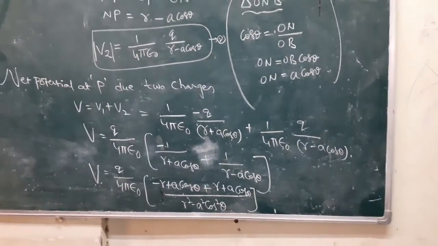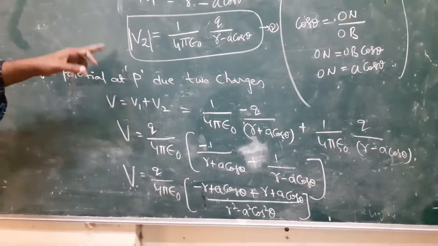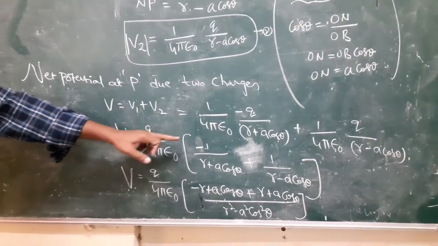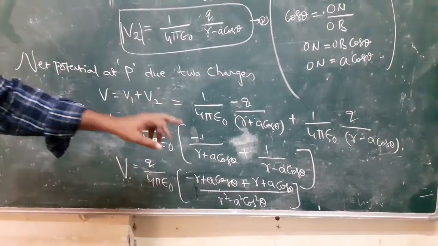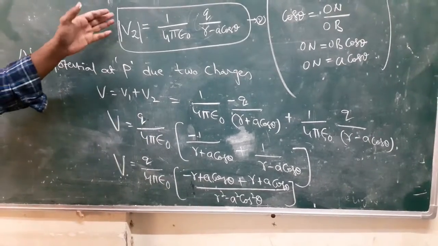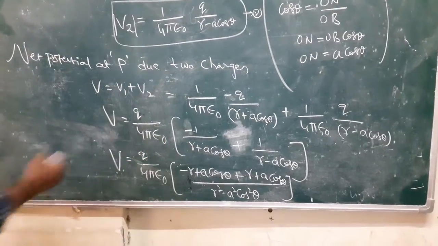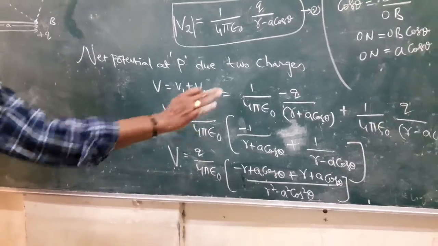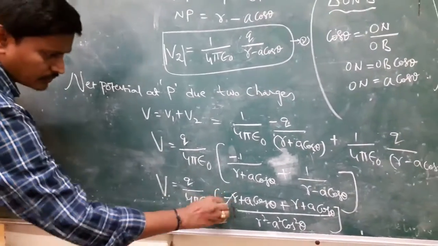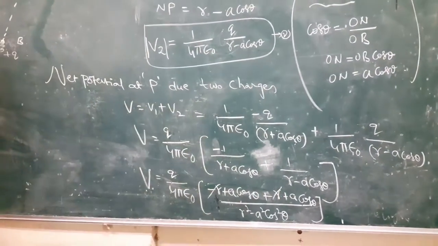While doing problems we can take magnitudes, but in the theoretical formula we consider the sign. So minus and plus get cancelled.